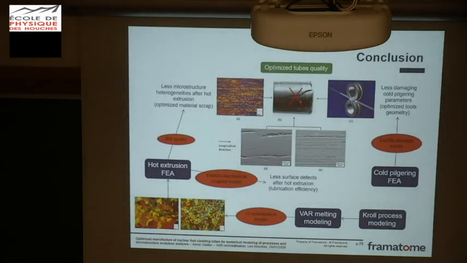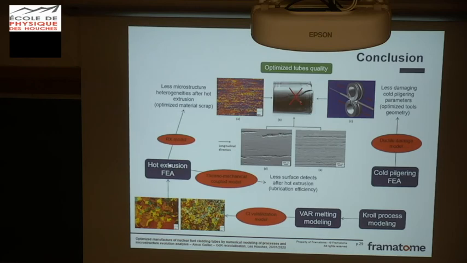And this is what I summarized on this slide. To avoid this kind of defect, we can use cold pilgering finite element analysis coupled with ductile damage models in order to reduce the damaging during rolling. We can use a hot extrusion finite element model with a recrystallization model in order to improve this.